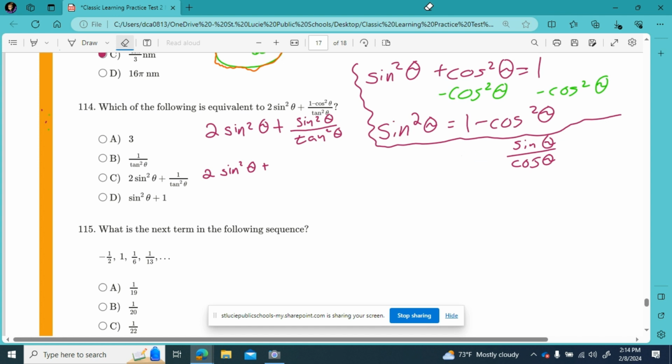I'm just going to put some squares: sine squared theta divided by this, right?